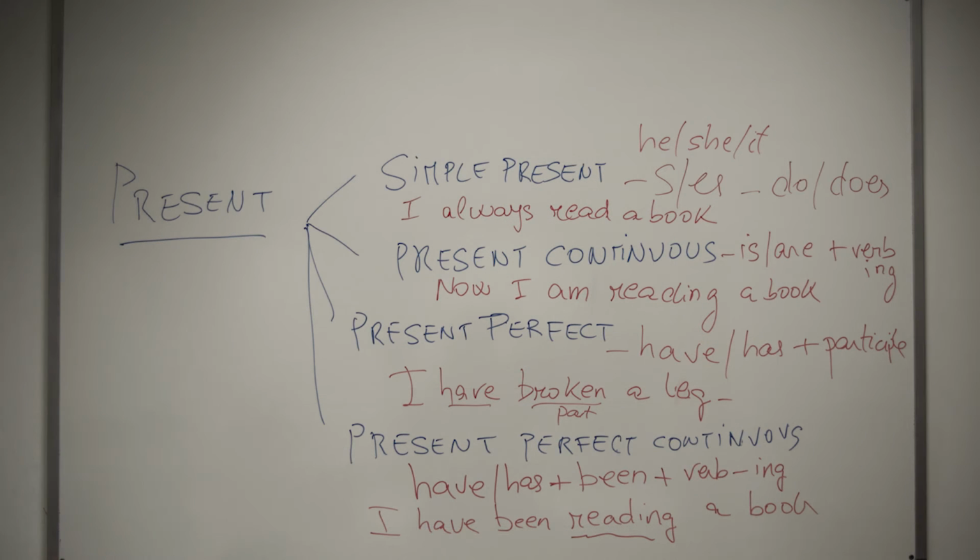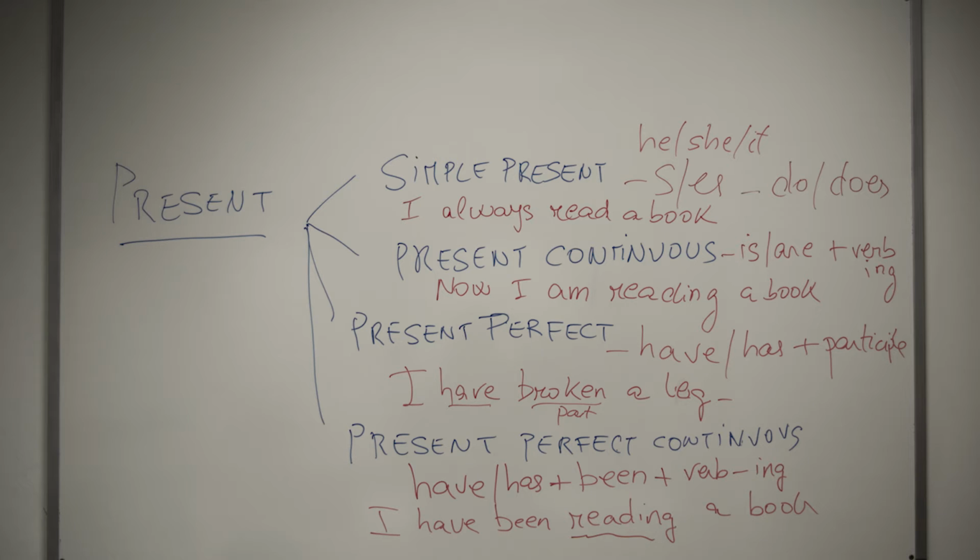These 4 ways refer all of them to present. In English, we are going to talk about 3 ways of indicating tense. These are present, past, and future. So here we have simple present, present continuous, present perfect, and present perfect continuous.